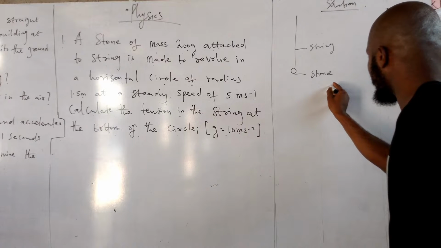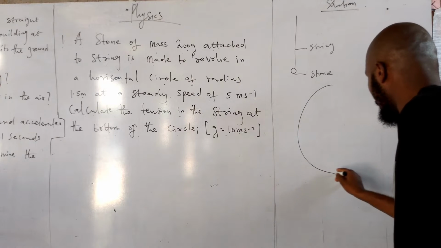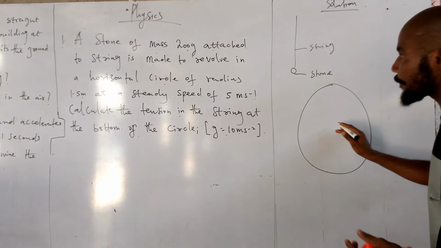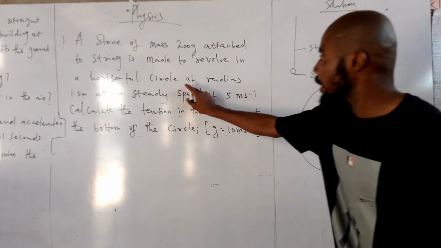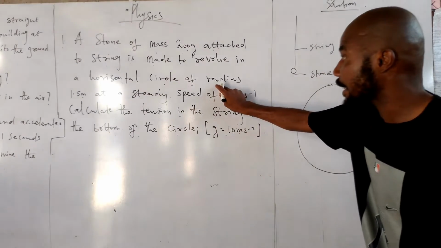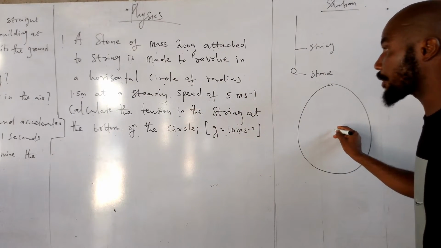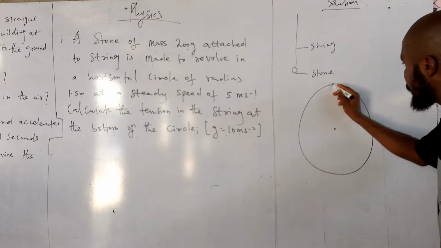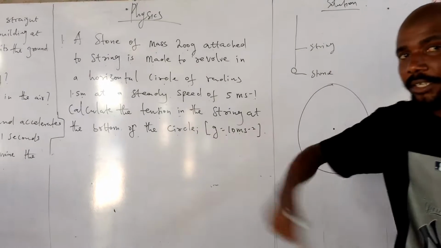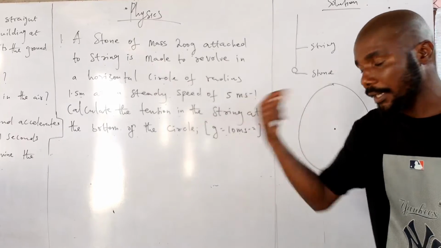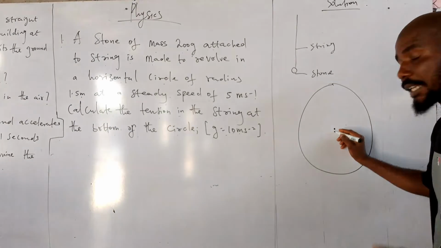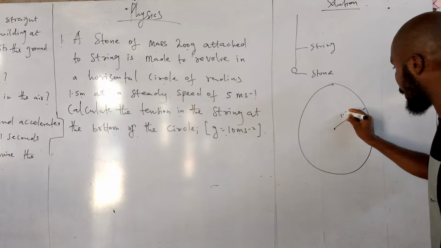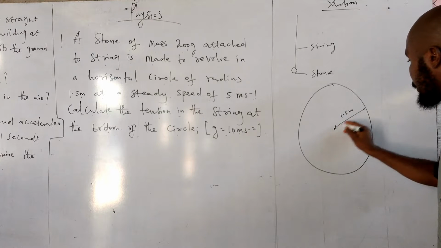So I form a circle with my stone, and they say that the radius of the circle is 1.5 meters. Remember this is a string. I'm winding it to form a circle. So the circle I formed here, this is the radius of the circle, 1.5 meters.